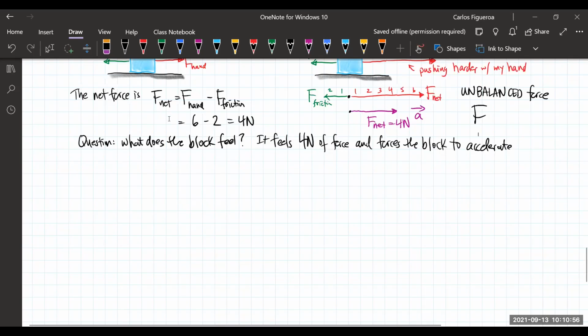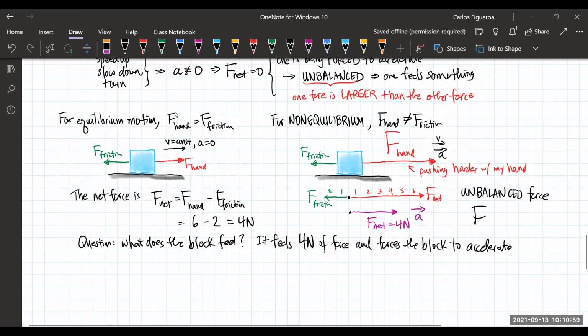That's wrong. I should have written what? The force of my hand here. So what I'm saying here is that the force of my hand must be bigger than the force of friction. That's what we mean by an unbalanced force. One force is bigger than the other.